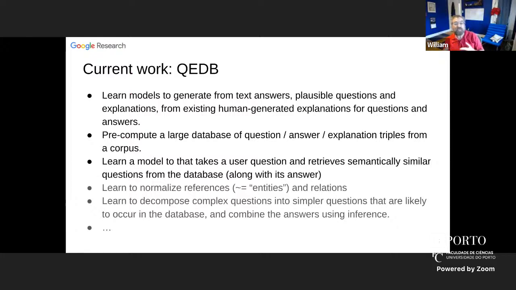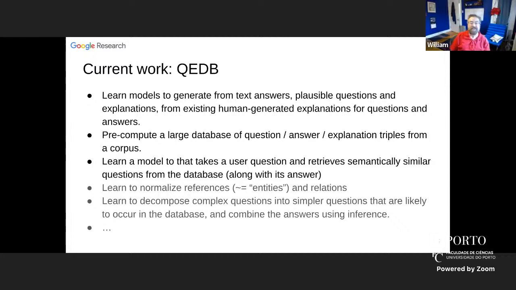We can do that because we have existing human-generated explanations for these questions and answers, and we know how to train neural models to extrapolate from that human annotated data. Once we've constructed those models, the next thing you do is pre-compute a big database of question, answer, explanation triples. And this is something that we've also done.